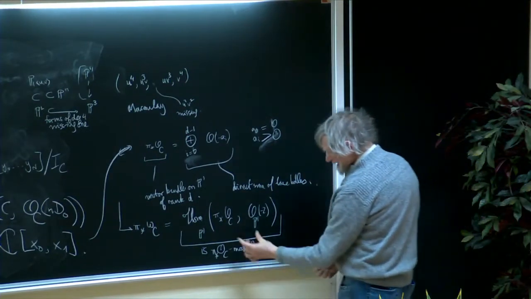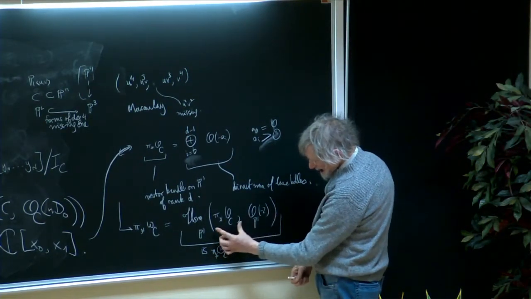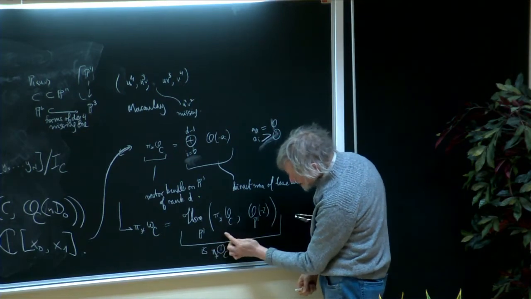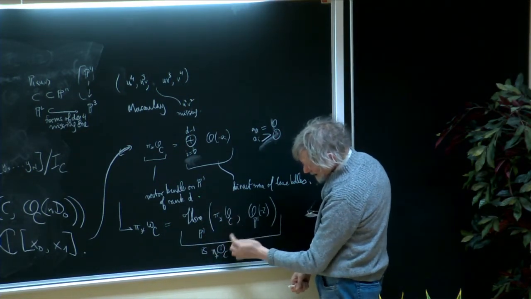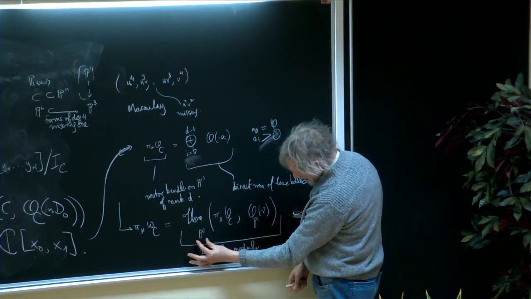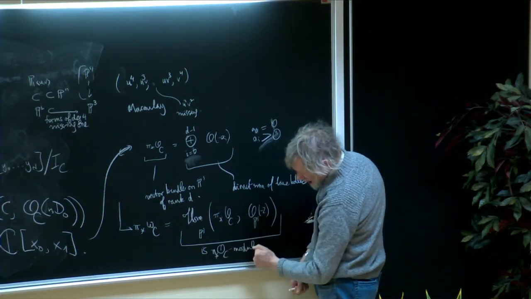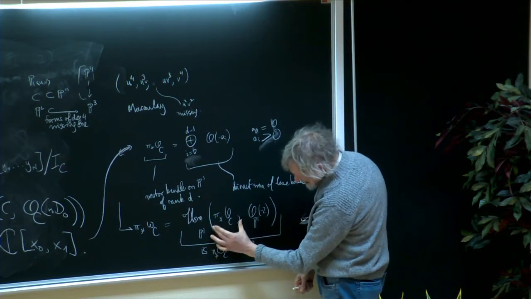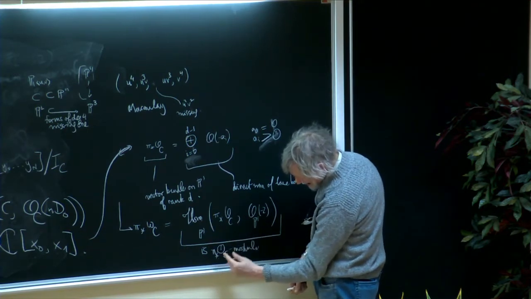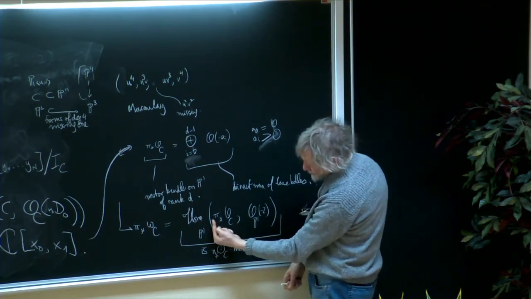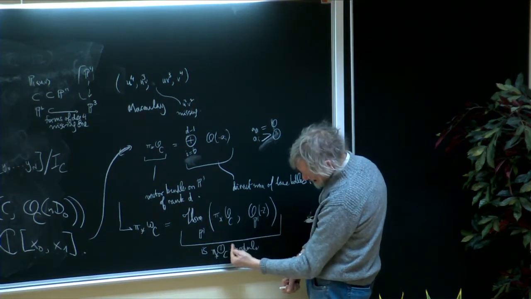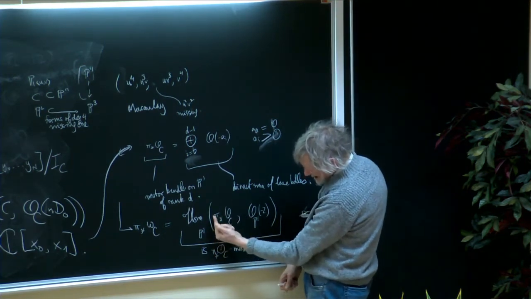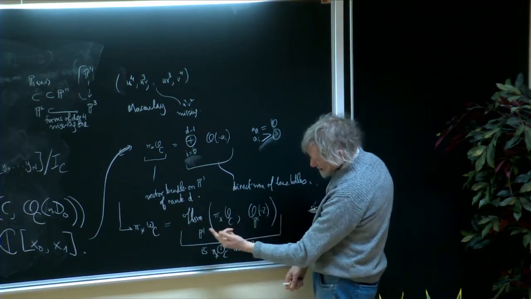Namely, I'm making the dual of this module over a smaller ring, and I'm making it into a module over the bigger ring by pre-multiplication. So if I want to know how an element in here acts on this, it acts by pre-multiplication.